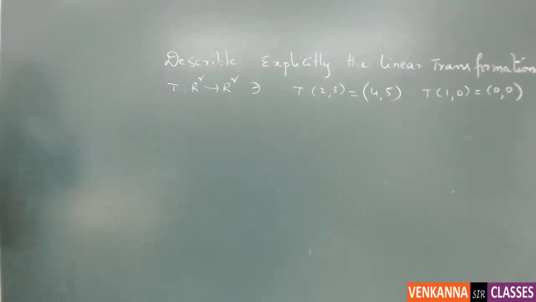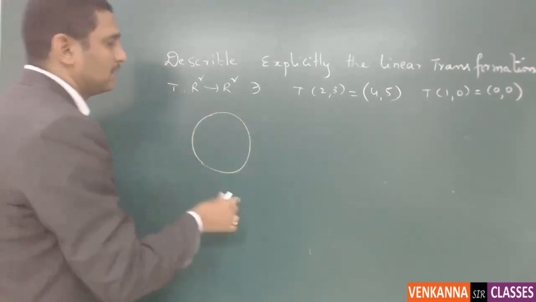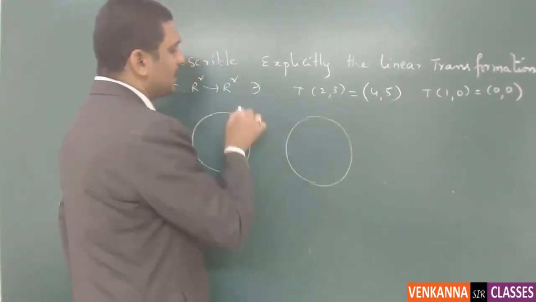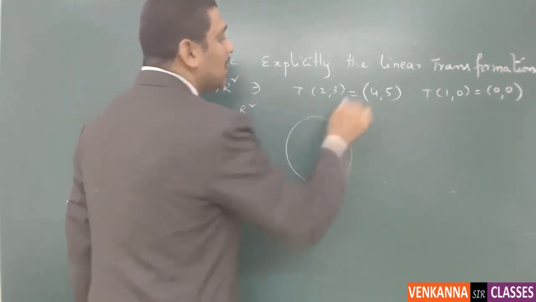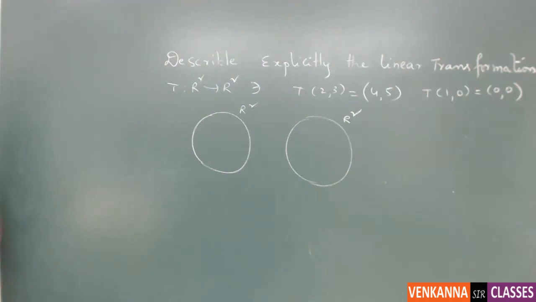So this is my problem. Describe explicitly the linear transformation T from R square to R square such that T of (2,3) is equal to (4,5) and T of (1,0) is equal to (0,0). So what does it mean? I considered domain and codomain as R square and R square. In the domain, I considered two vectors.